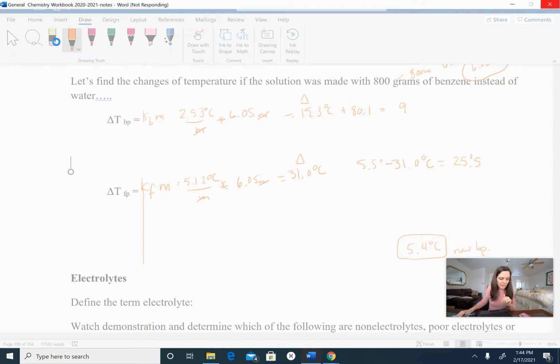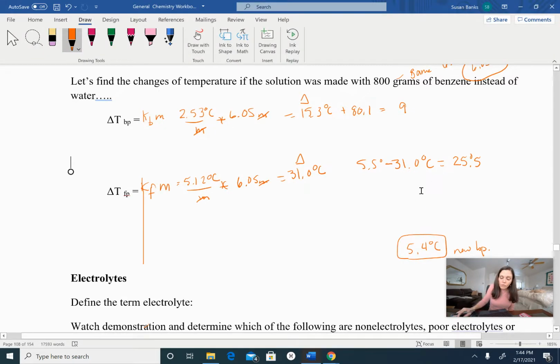So we have really changed the freezing point of that benzene solution from 5.5 degrees to negative 25.5. So we can really change the temperature of how things freeze by just making solutions of them.